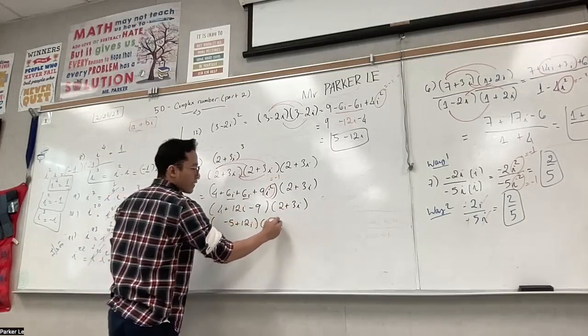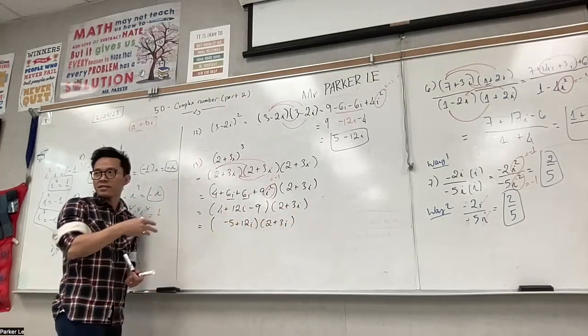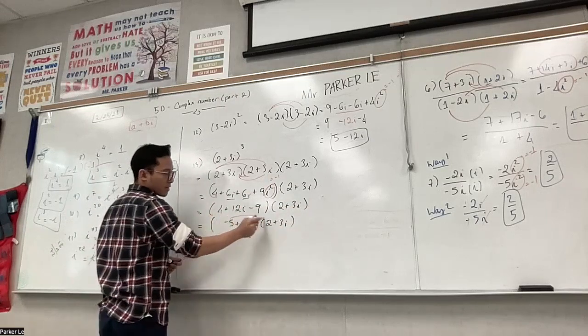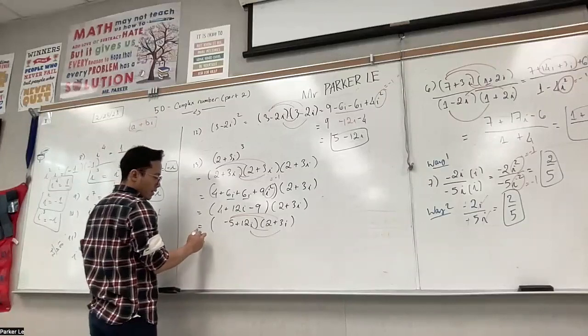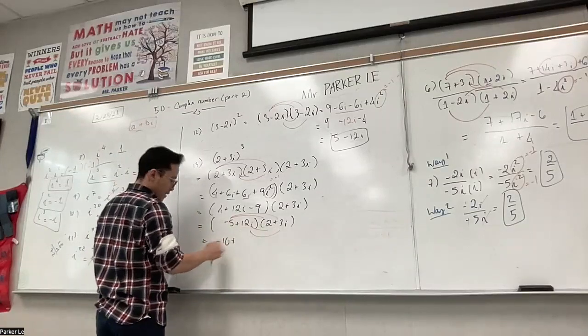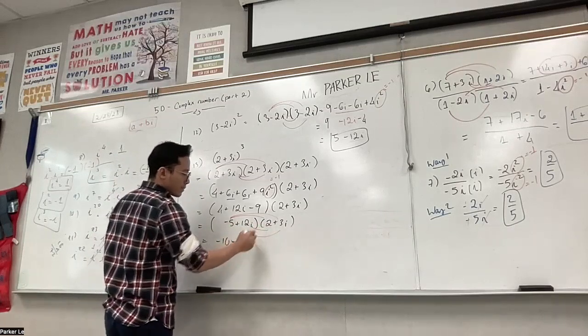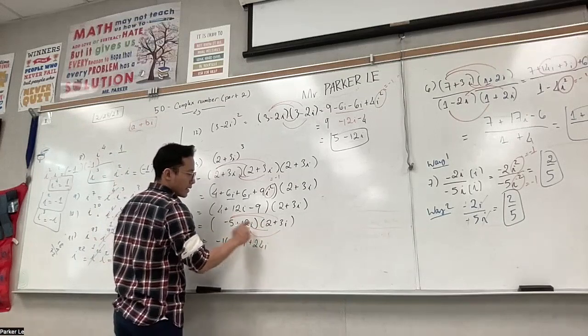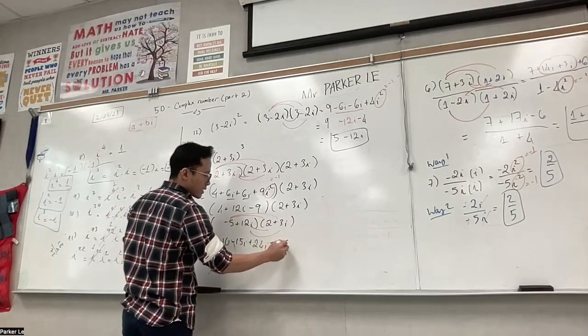And now I multiply by 2 plus 3i, FOIL again. You already know how to do this; it's just practice doing it with i. Negative 5 times 2 is negative 10. Negative 5 times 3i is negative 15i. 12i times 2 is 24i. 12i times 3i is 36i squared.